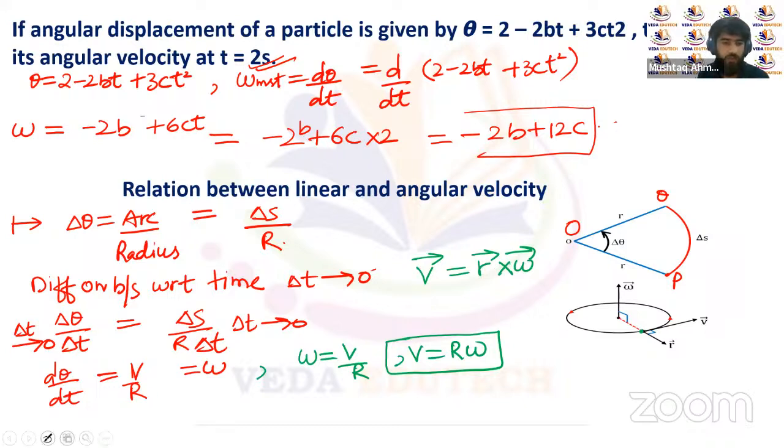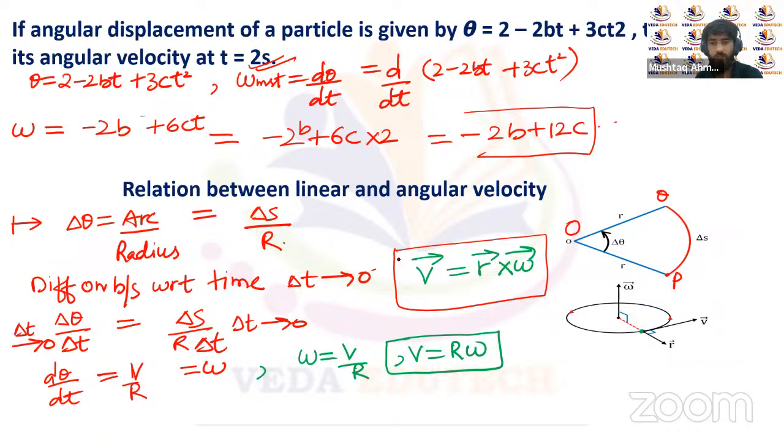The vector relation between the velocity and the angular velocity is r cross omega. It means the velocity vector is equal to the cross product between the position vector and the angular velocity vector.